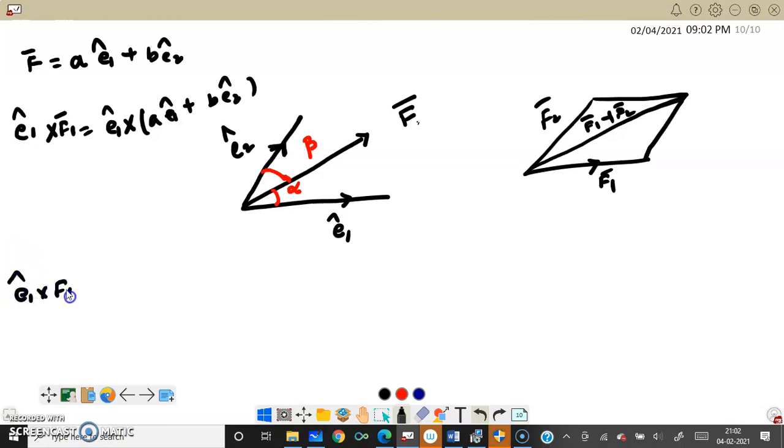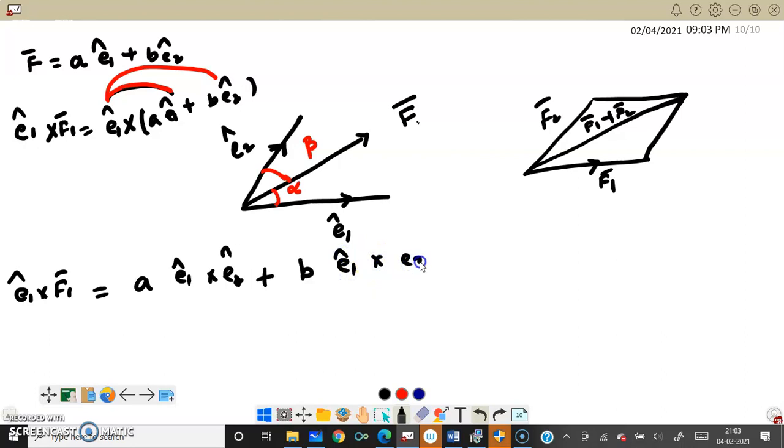E1 cross F, which is equal to, A is constant, so multiply it here also. Both ways you multiply. So what you will get is A is constant, E1 cross E1, plus B is constant, E1 cross E2.